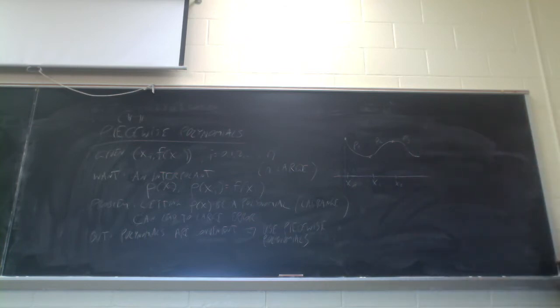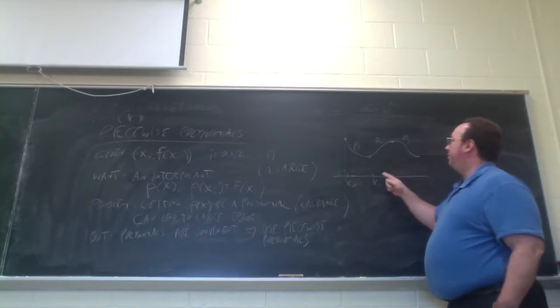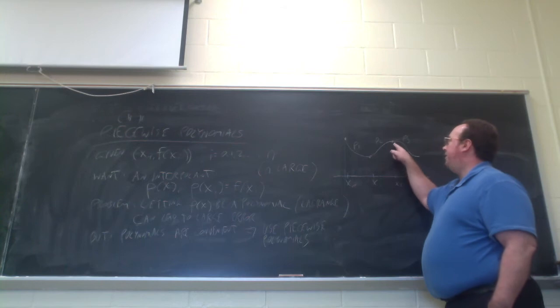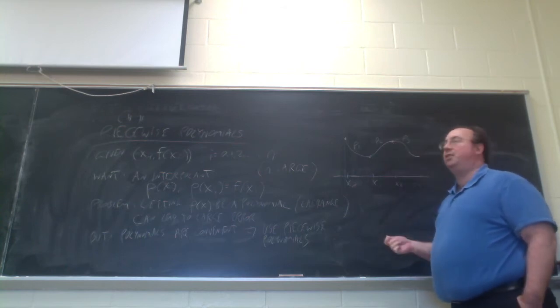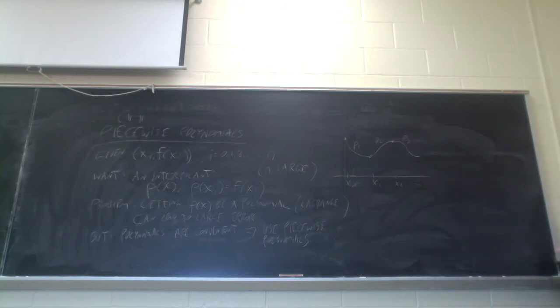So you define your function P of x to be equal to a different polynomial, different coefficients on each subinterval, and then you hook them all together. And you choose these polynomials to make sure that they fit the data points, and if you have any other flexibility, you can use that to maybe satisfy some other conditions. Like maybe you want to have not just a continuous function, but also a continuous derivative, something like that.